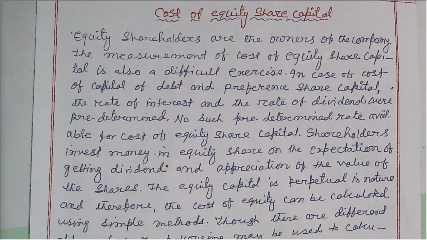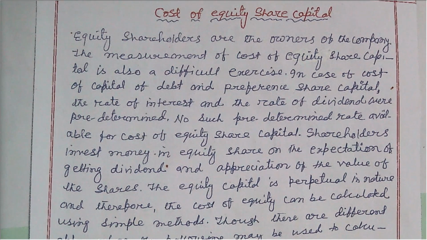Share capital, which comes under equity shares, is the very risky capital of the company. Debenture holders and preference shareholders know the amount of interest and dividend, because these are predetermined.